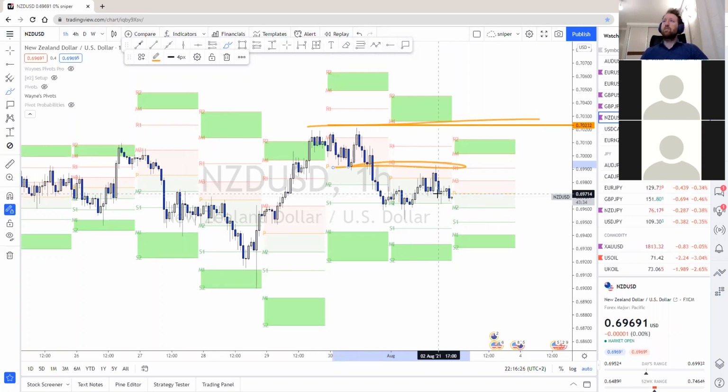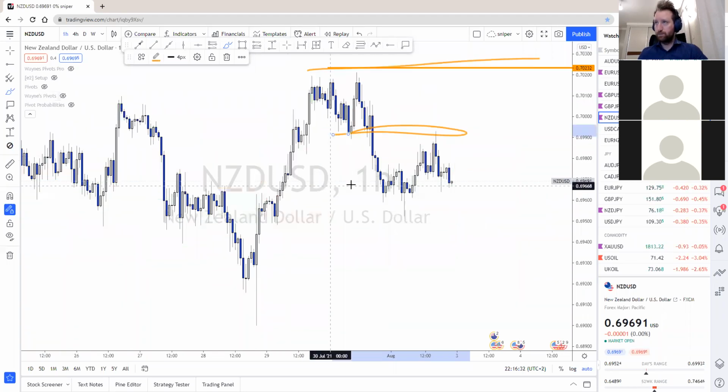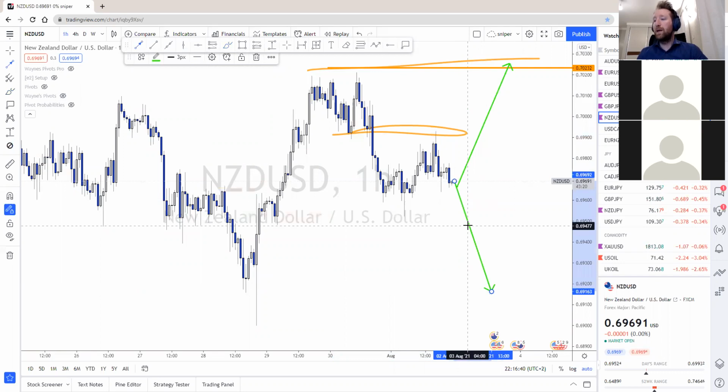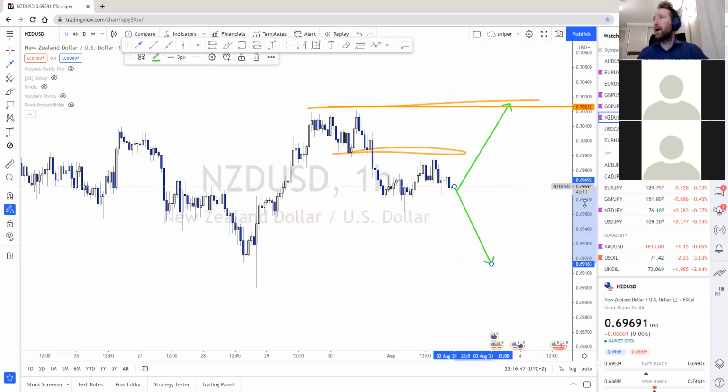So where is New Zealand and where is it going to go? At the moment, absolutely nowhere. It can go both ways equally. And if you're going to tell me it's going to go up or down, you're probably just like me, having an educated or uneducated guess, depending. Until we break 70-20, as I said earlier today, that is when you can go bullish on New Zealand.